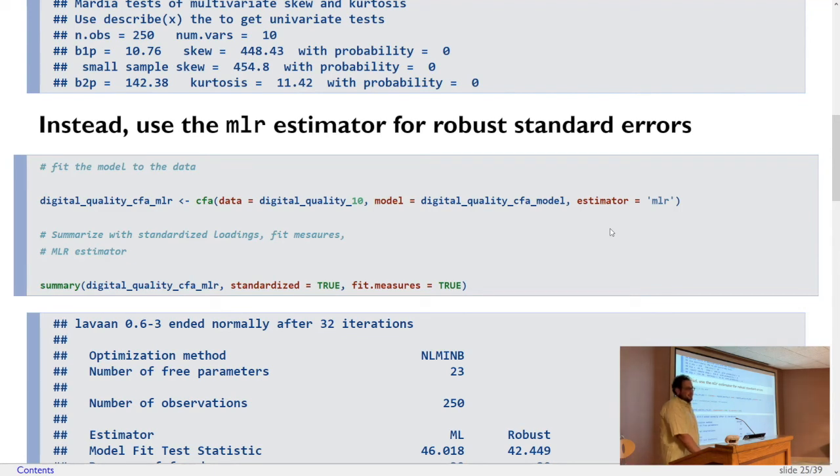And it really didn't make that much difference in the data. It's good to know, especially with smaller sample sizes, to use the MLR estimator. There are a couple other ones. The default for lavaan is maximum likelihood. This one is what I used, and that worked to adjust for non-normality.